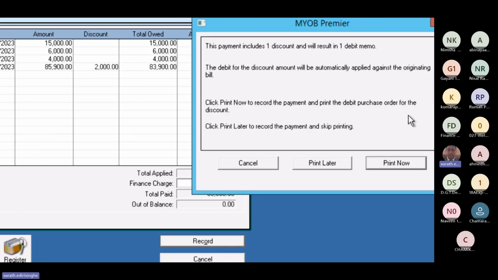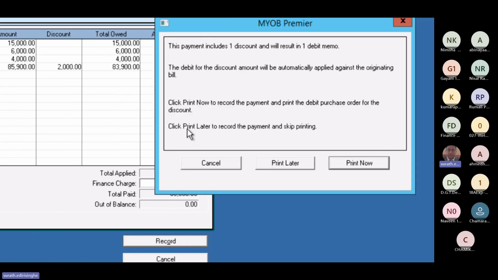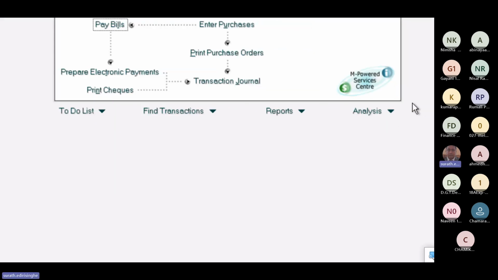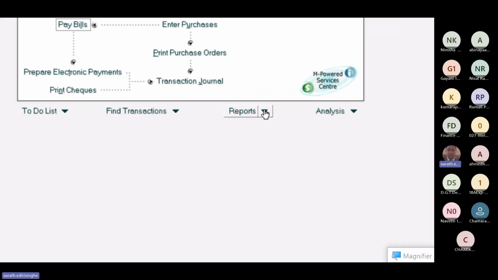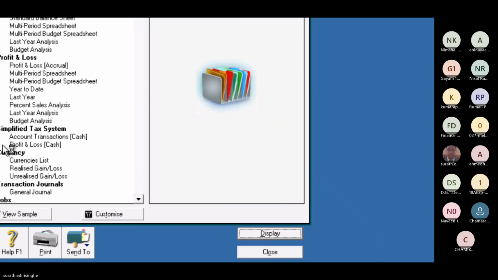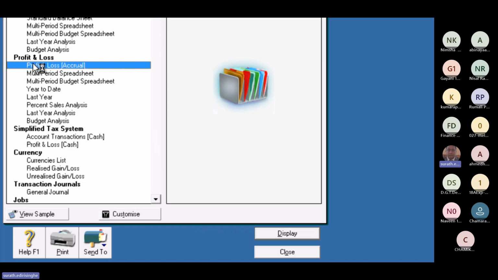Then the system asks, click print later to record the payment and skip printing. Select print later. Recording. Otherwise, the system asks to record the transaction with the check printing option. Then go to your reporting section, accounts, profit and loss account, accrual, display.